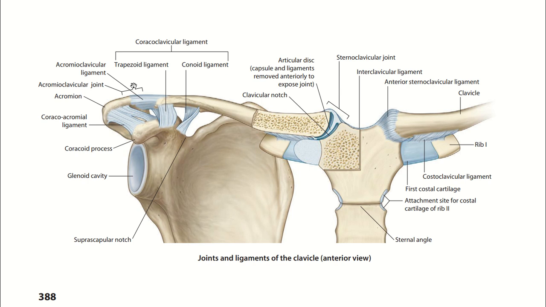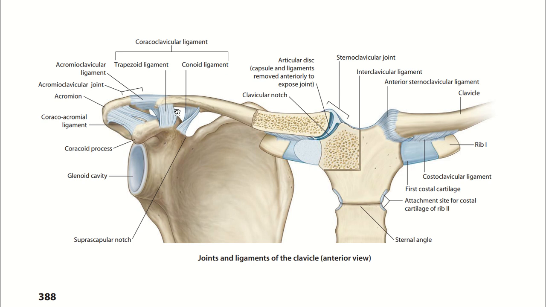What is important is that the stability of this joint is mainly anchored by the coracoclavicular ligament. The coracoclavicular ligament runs from the coracoid process and attaches to the inferior lateral portion of the clavicle.